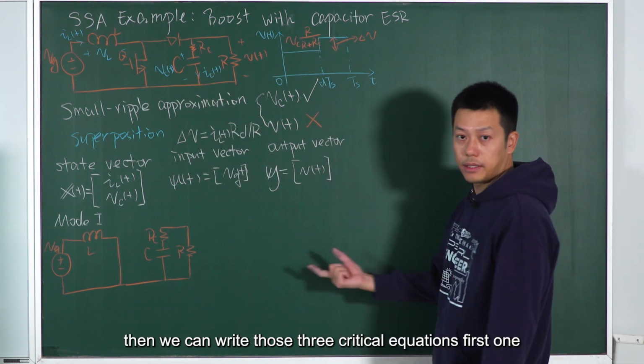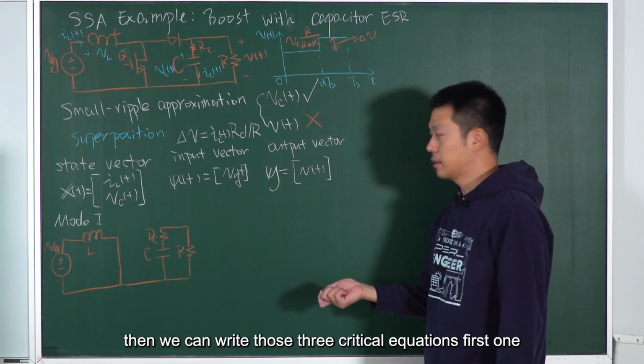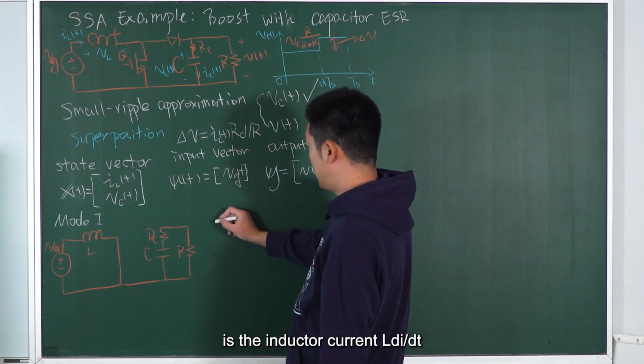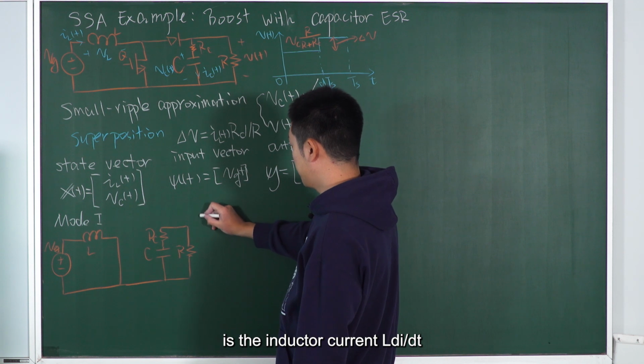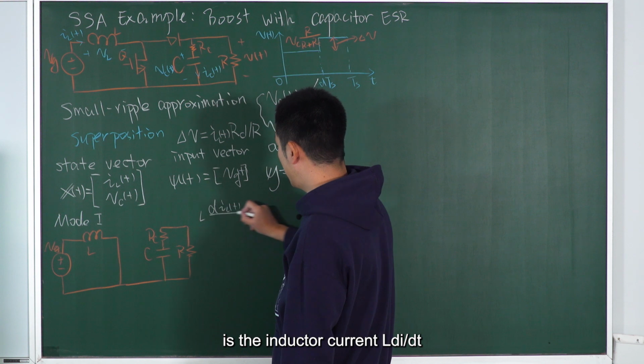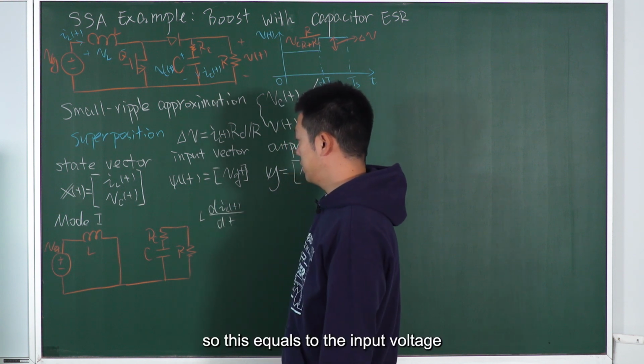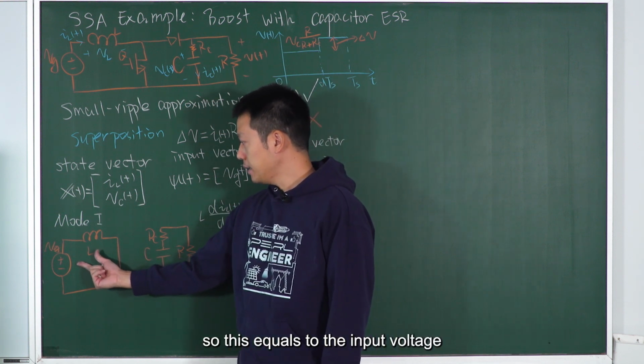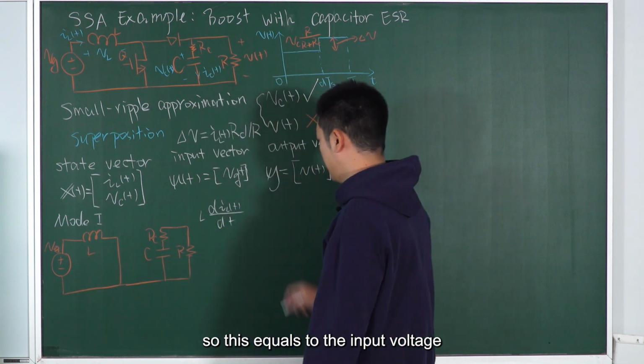Then we can write those three critical equations. First is the inductor equation, L diL over dt, which equals the input voltage.